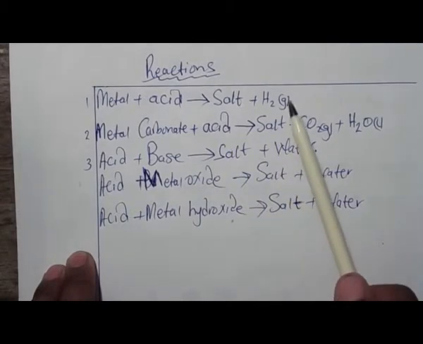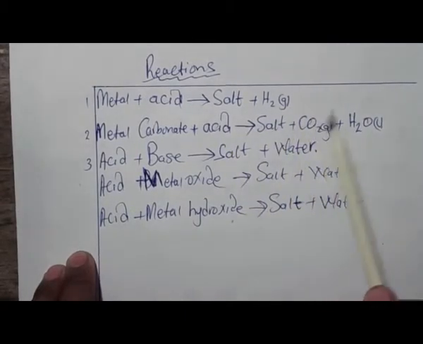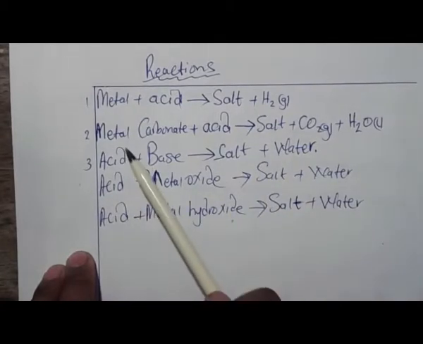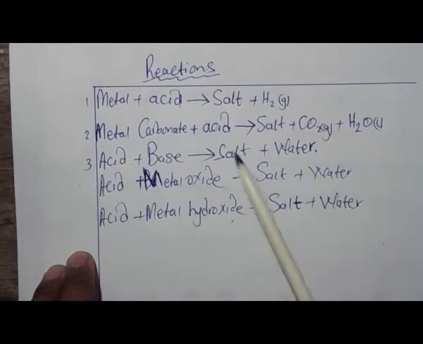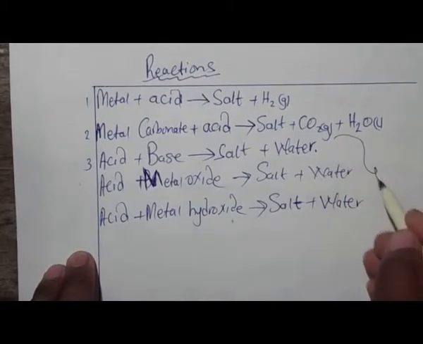We normally get salt, carbon dioxide, and water. Something else are acid plus base, or acid plus metal oxide, acid plus metal hydroxide. All these are known as neutralization reactions, which normally give us salt and water.